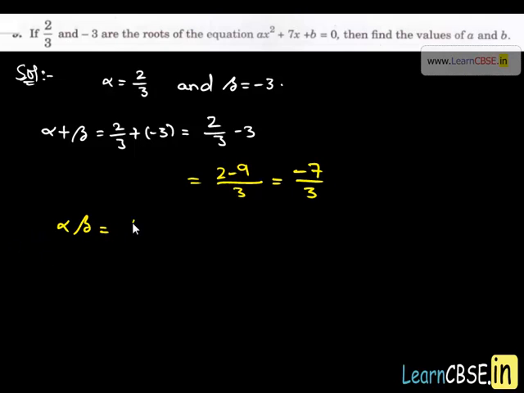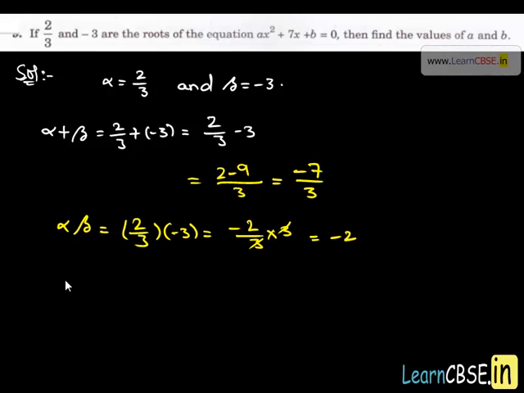Similarly, product of the roots is equal to 2 upon 3 times negative 3, which is equal to negative 2 upon 3 times 3. 3 in numerator and denominator get cancelled out. We have the product of the roots as negative 2.